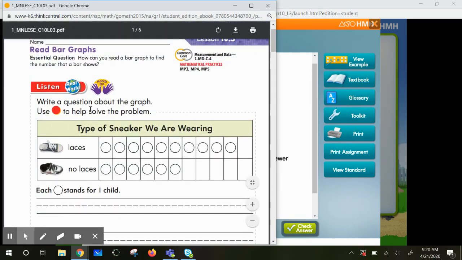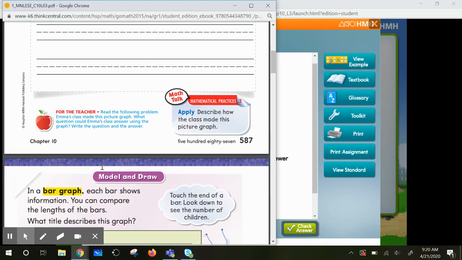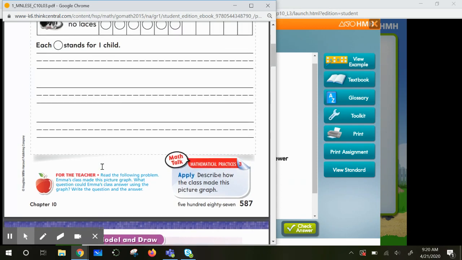Once again, we see the same kind of question that we found at the beginning of our interactive math lesson. So remember our question for today: how can you read a bar graph to find the number that a bar shows? Emma's class made this picture graph. What question could Emma's class answer using the graph?